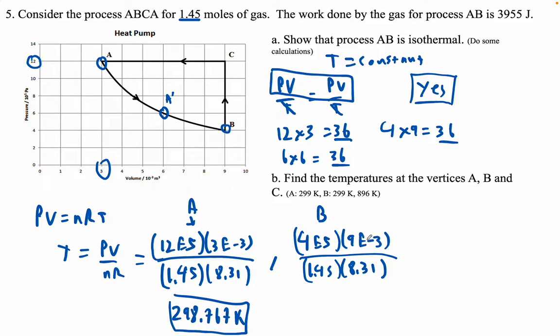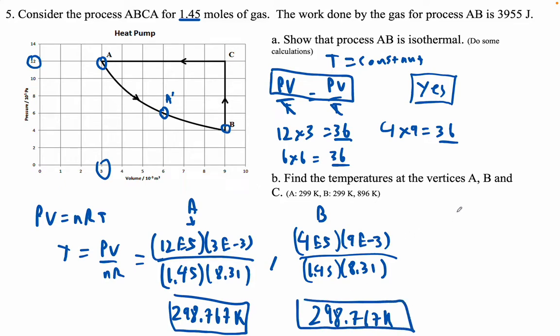Now, I'm sufficiently lazy that I'm just editing my previous thing. 9, and not 12, but 4. Hey, look at that. That gives us 298.767 kelvins.